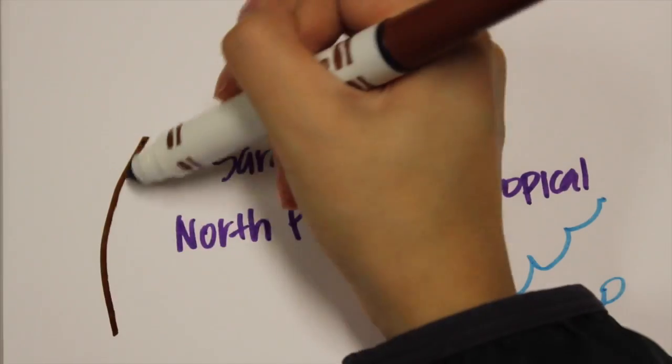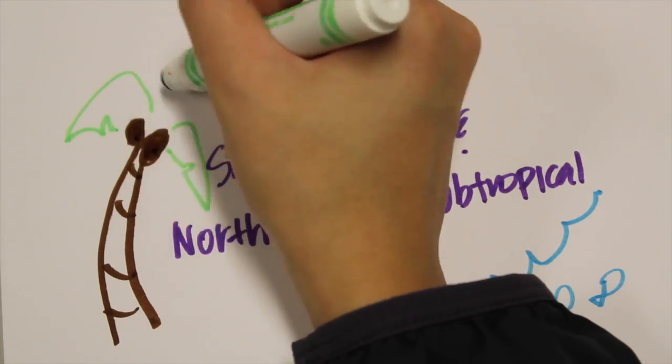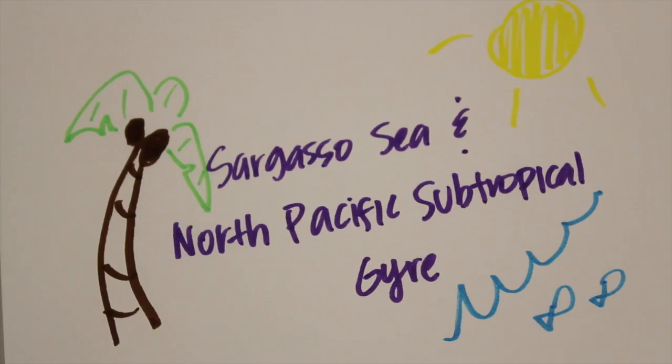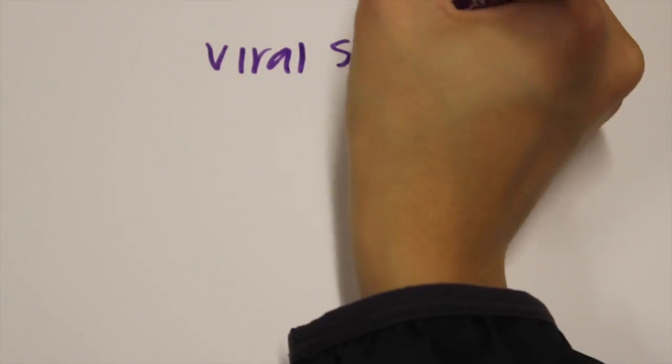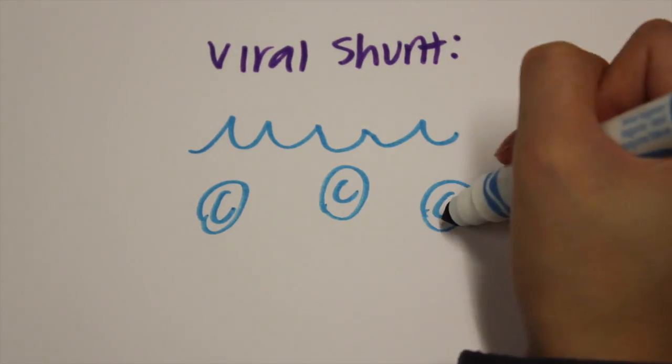These parameters were derived from studies conducted in various locations, including the Sargasso Sea and within the North Pacific subtropical gyre. The dissolved organic nitrogen content within oceans can also sometimes be affected by viral shunt.